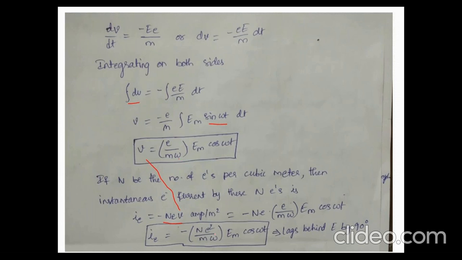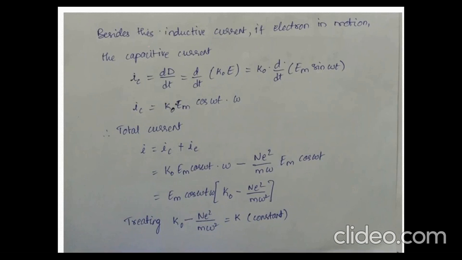That is nothing but minus n e square by m omega into Em cos omega t. This minus indicates it is lagging behind the electric field by 90 degrees. Then this is nothing but an inductive current, as we discussed.